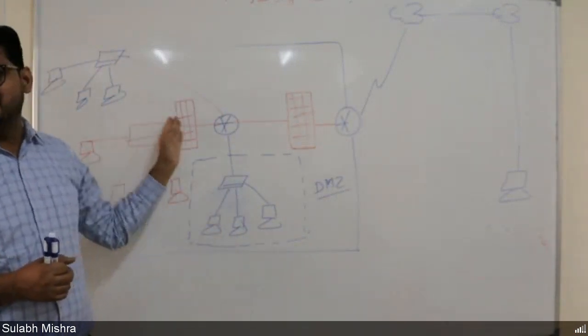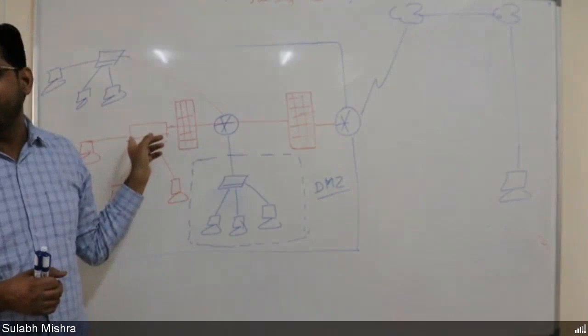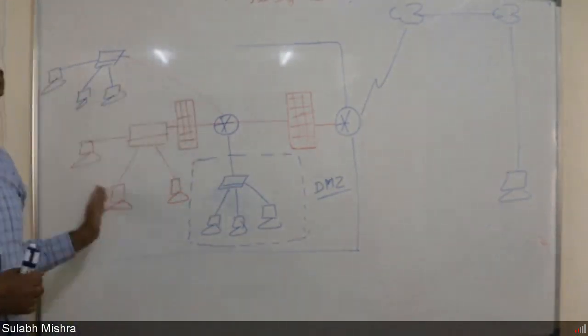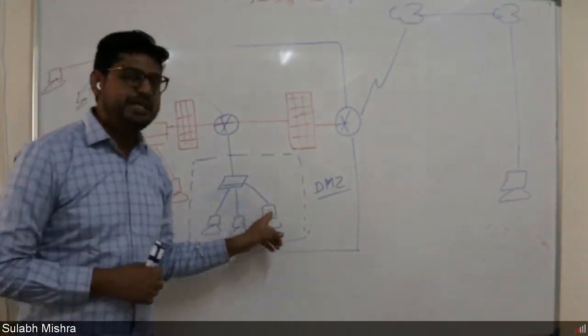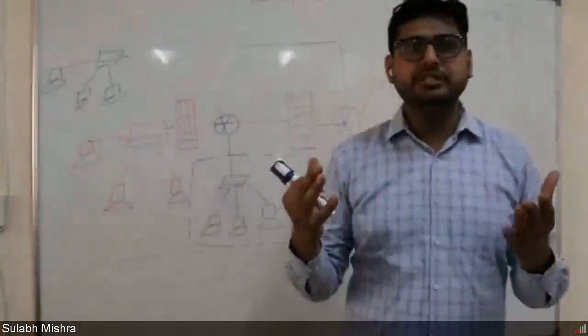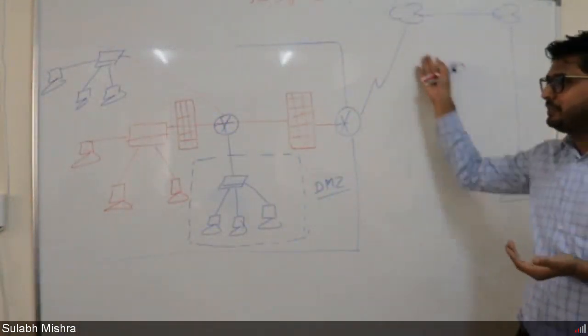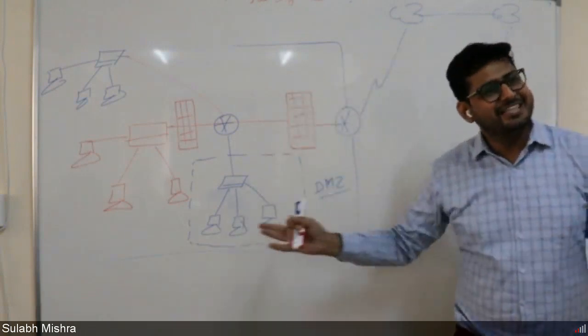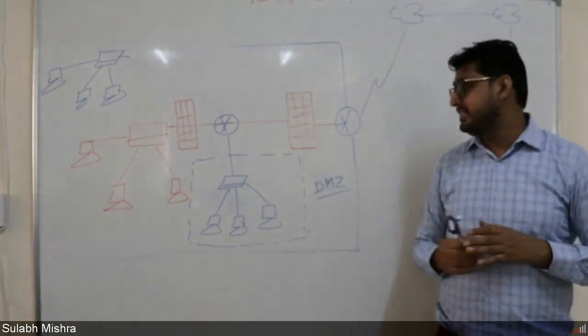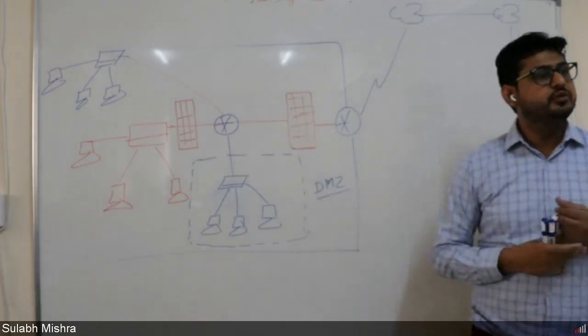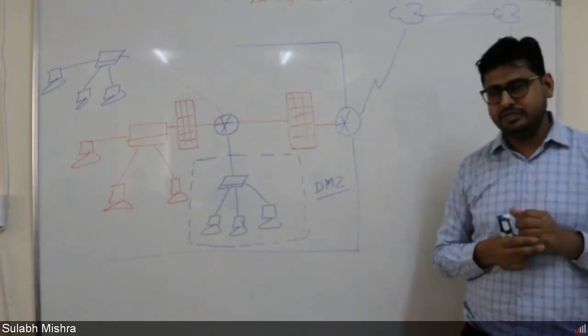This is the militarized zone. People cannot access your internal network, that is only for internal people, right? This is the demilitarized zone, DMZ, which means outside people can also come here and access your resources. That's the reason we call it the DMZ zone, demilitarized zone, right?